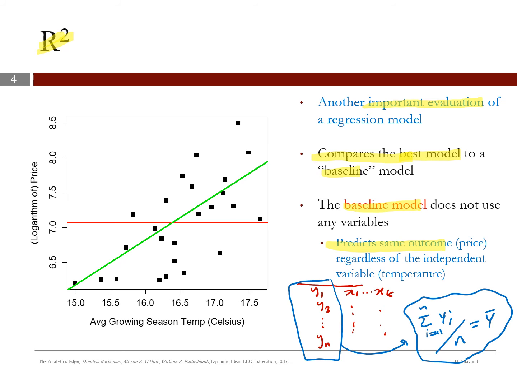So here, the red line, as you see here, is our baseline model, okay? Average of the outcomes. And the green one is our linear regression model. So we will see how the linear regression is performing against the baseline model. And based on that, we'll obtain R square, okay?